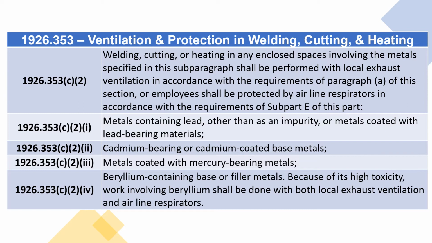C.2.2. Cadmium-bearing or cadmium-coated base metals. C.2.3. Metals coated with mercury-bearing metals. C.2.4. Beryllium-containing base or filler metals. Because of its high toxicity, work involving beryllium shall be done with both local exhaust ventilation and airline respirators.